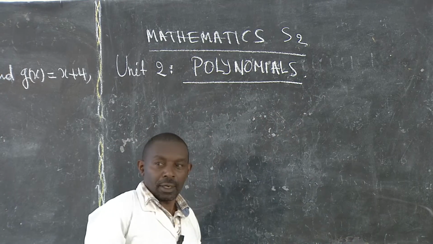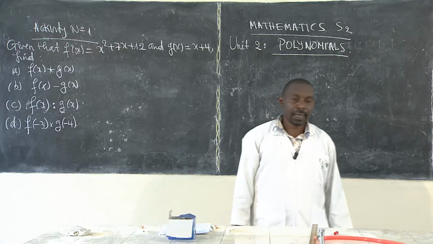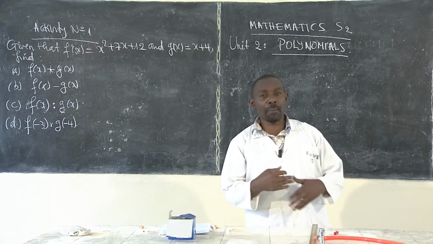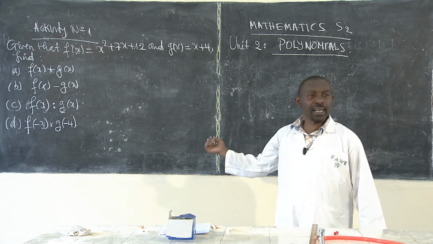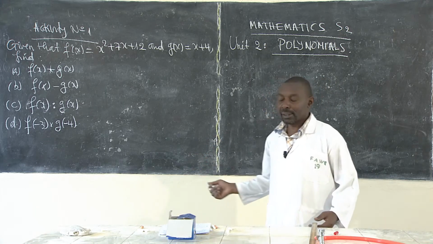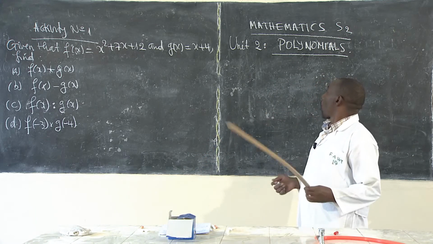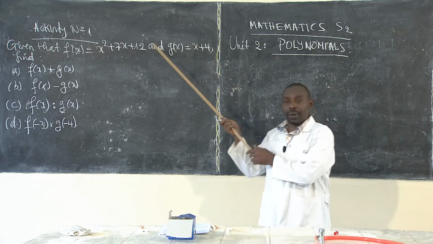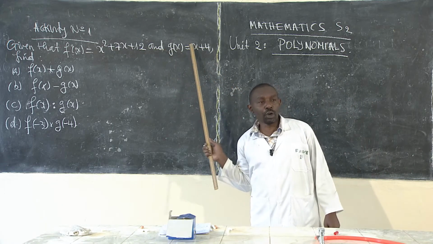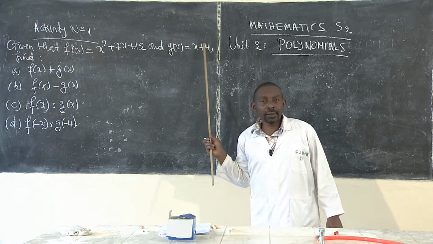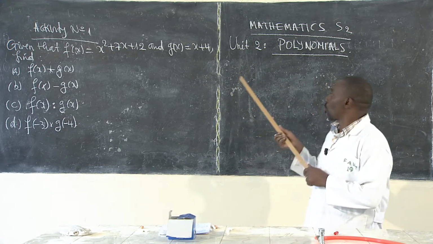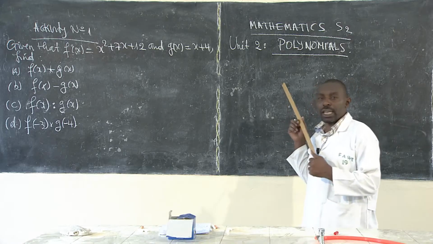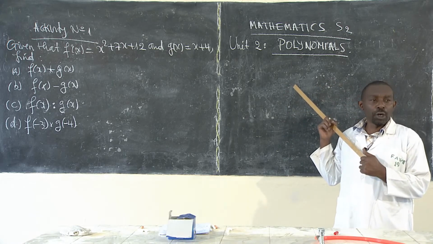Polynomials. Dear students, I know you have been learning about polynomials, even from Senior 1 to Senior 2. But today, we are going to pass through different operations on polynomials and see more about polynomials, especially the equality of two polynomials.